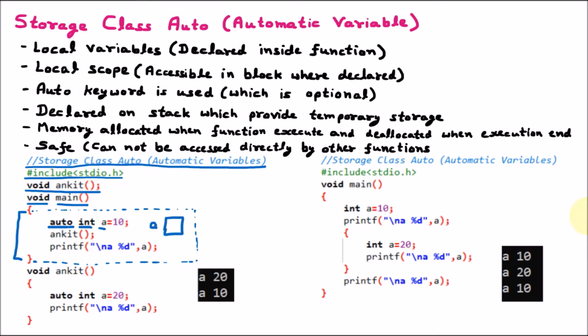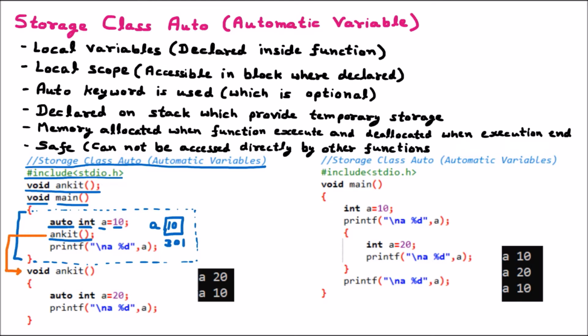Let's say its address is 301. Then further we have equal to 10, so the value assigned is 10. Then afterward we have the function call Ankit, through which we are going to call the function Ankit.